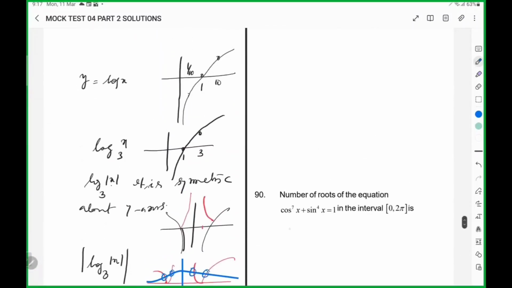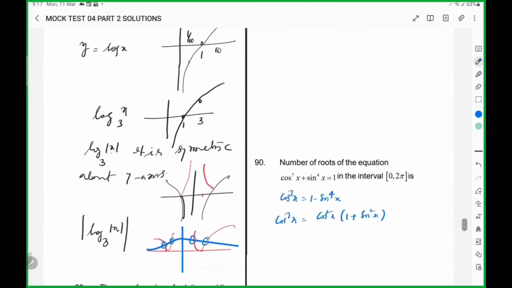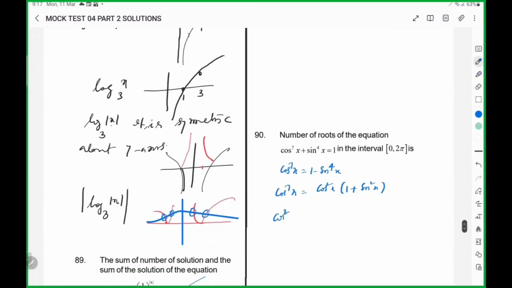Here it is to find number of roots. One minus sine square x into minus sine square. Take cos square x common. Here, once you cancel it, you will lose some solution.